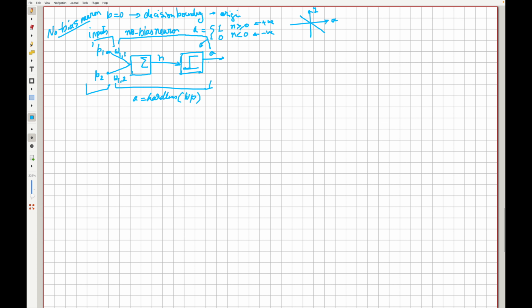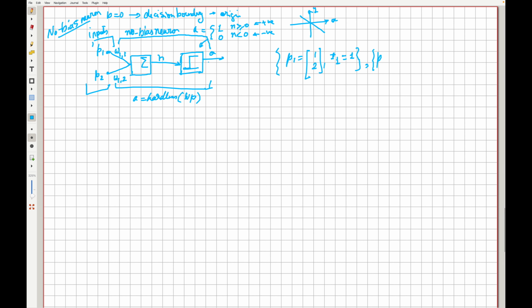Now with that set up, we'll pick some data points that we would like to classify. Let's say we have p1 equal to (1, 2). That's the first data point, and t1, the original target for this one, is 1. So we are saying that this particular data point should get classified as class 1, that is, a value of a equal to 1 when we calculate it.